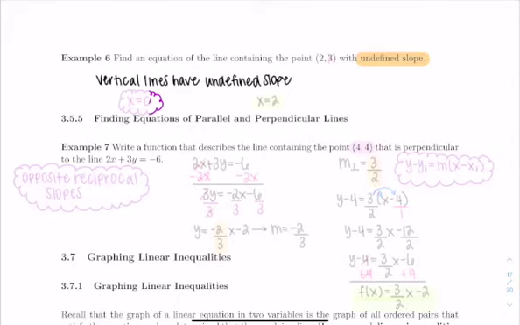And we know that vertical lines can be written as x equals c. Do I care about the x or the y coordinate on (2, 3)? That's right, we care about the x coordinate. We don't care about y. And so we can just write this as x equals 2.